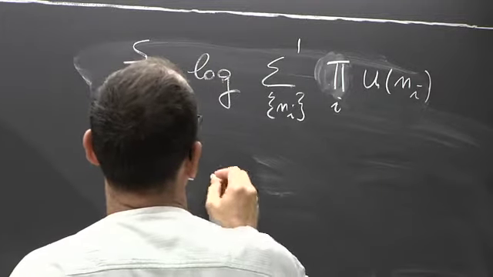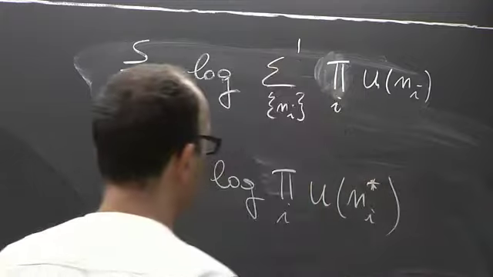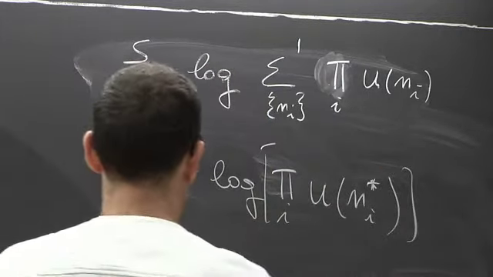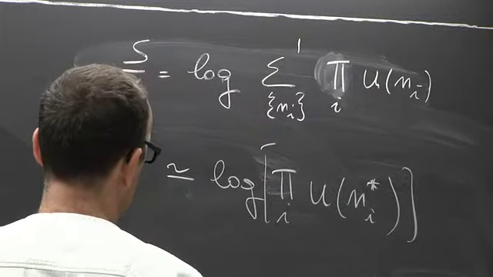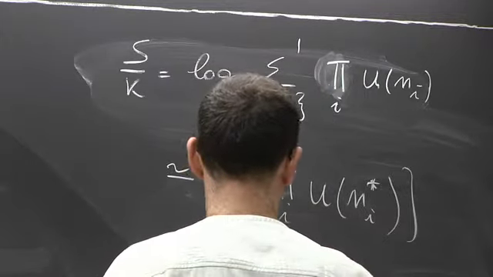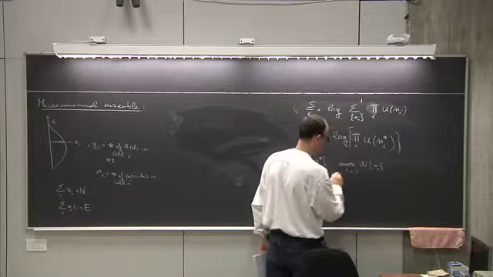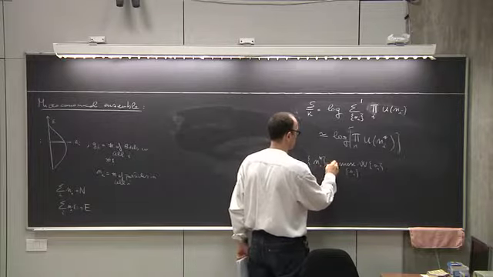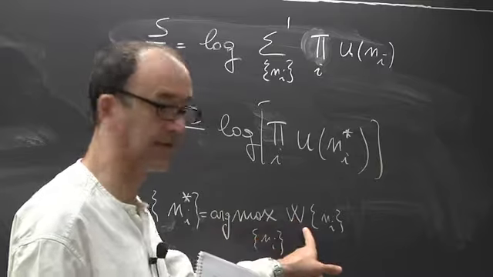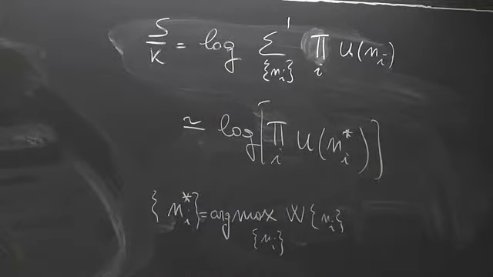so the approximation I'm going to take is that this is essentially equal to the log of the product over i of W of ni star, where ni star is the solution of the maximum of W of ni. So this sequence is what maximizes W. You can write it also this way: it is the argument that maximizes this W, under these two constraints here.